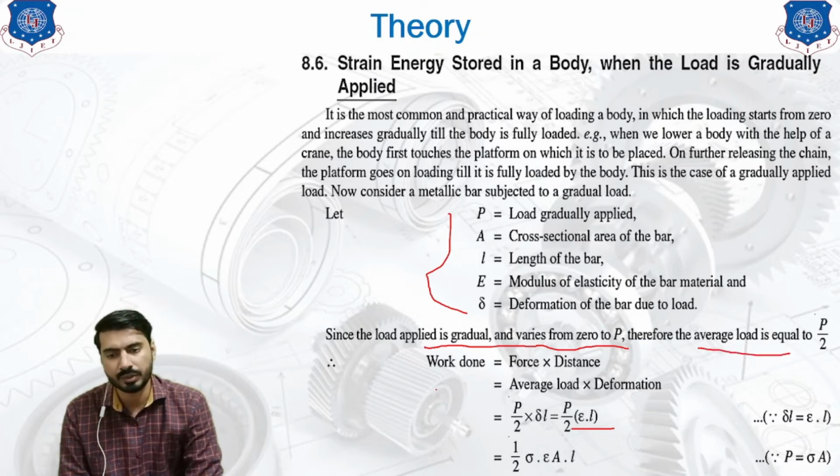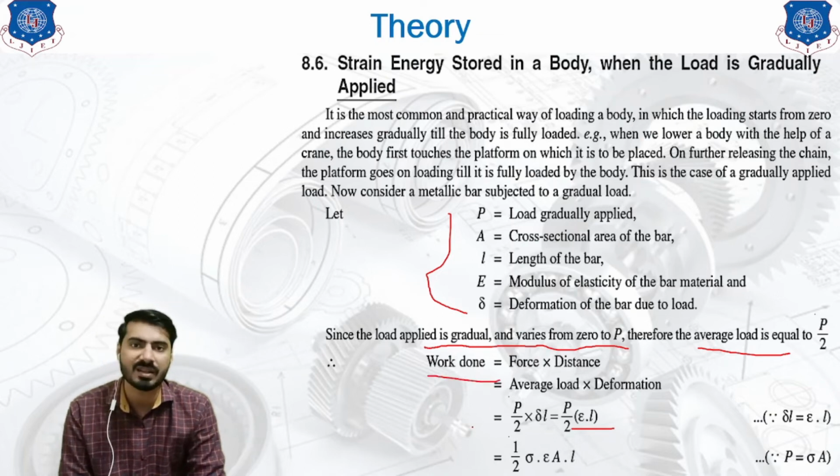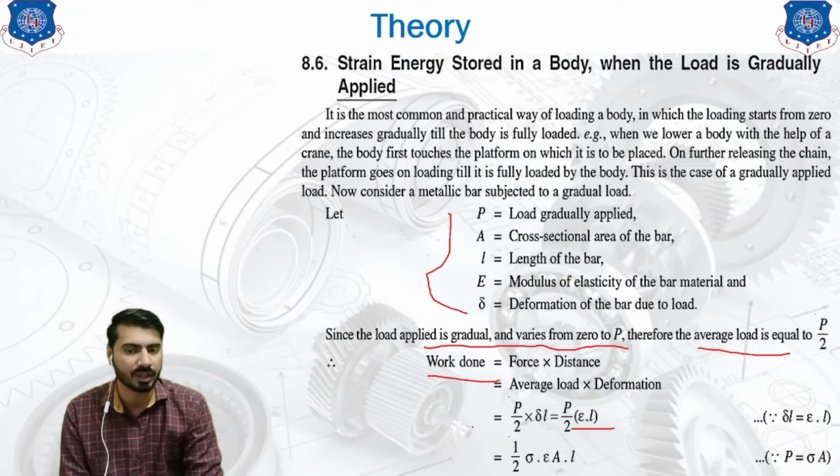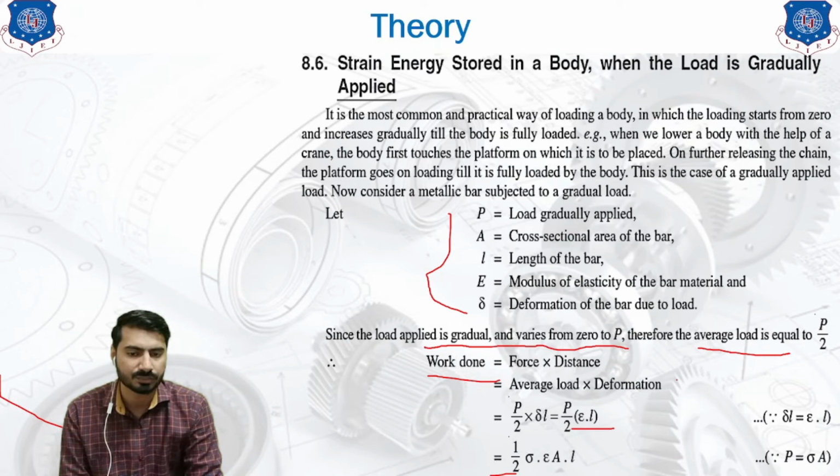Now what are we going to do? We are going to find out the work done. Why is it so? Because we have seen in the previous slide that the strain energy is nothing but equal to work done. So how can we calculate the work done? Work done is equal to force into perpendicular distance. In this case, we are going to consider the average load and the deformation.